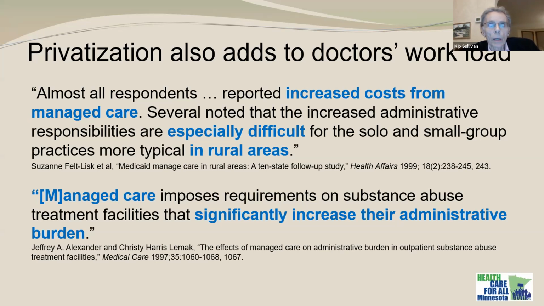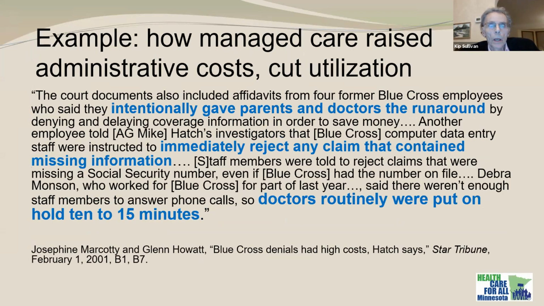One saying that everybody reported increased costs for managed care, and the increased administrative costs were especially difficult for smaller clinics in rural areas. The bottom slide, you see a statement that managed care imposes significant new administrative costs on addiction clinics. I'll stop here just for a second to read portions of this to you.